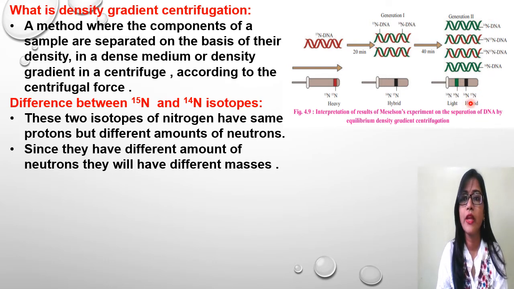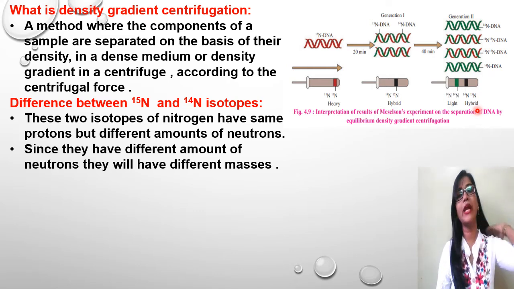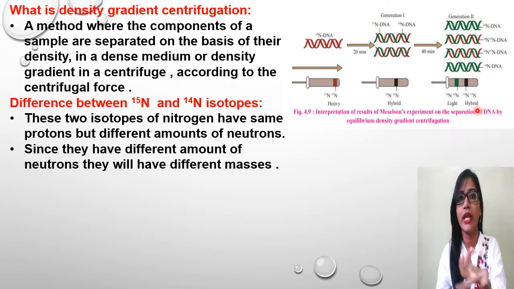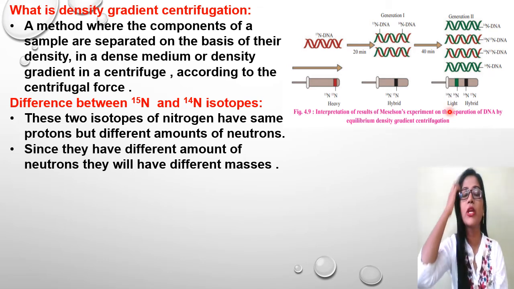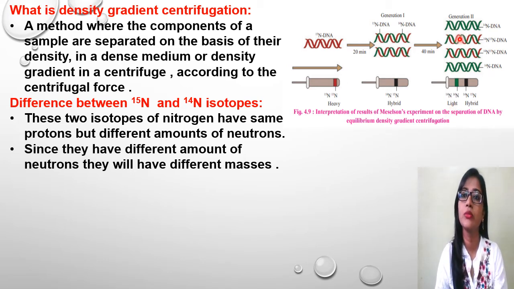They observed two types of bands, one light band and the other hybrid. The hybrid band contains both N14 and N15 isotopes, while the light band is because of the newly formed DNA.